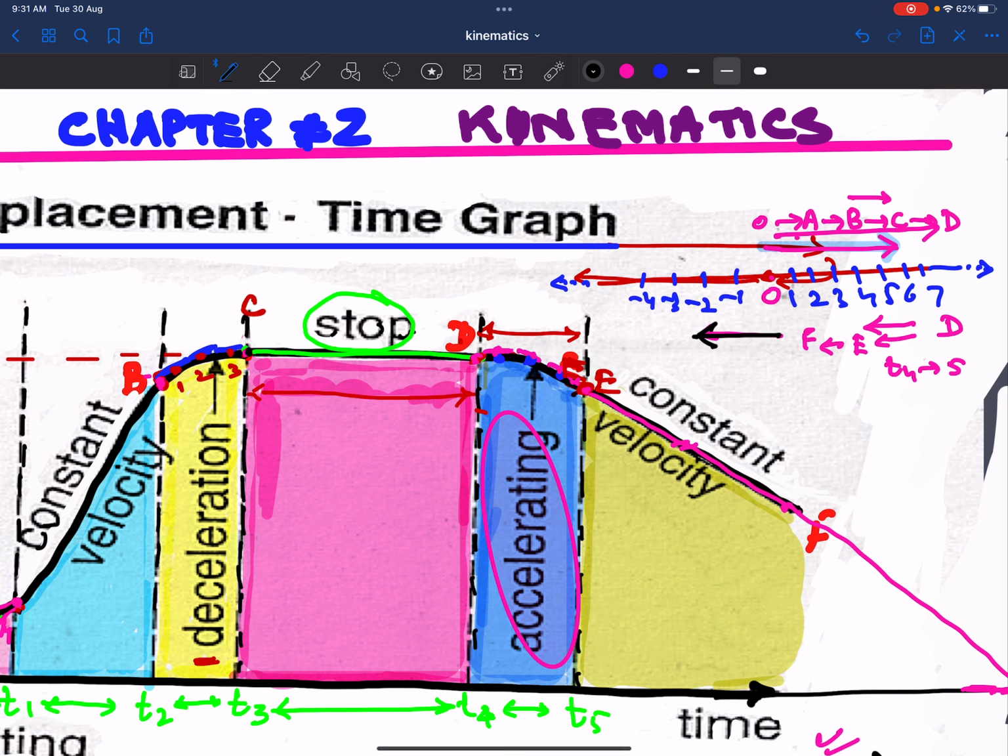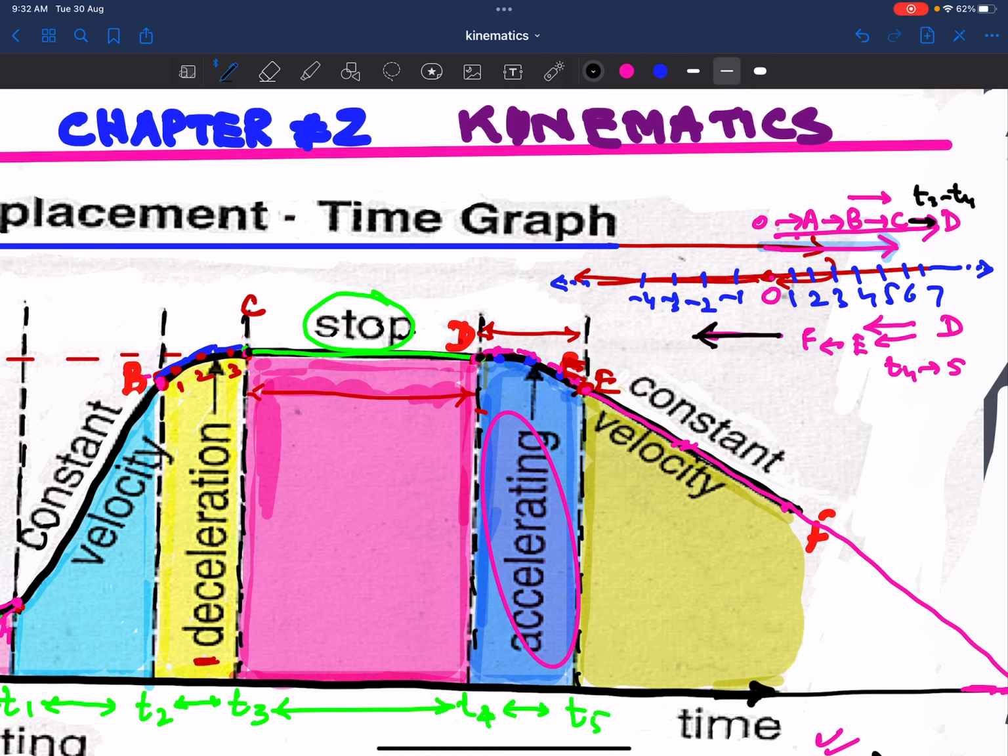And this is the region we have from C to D. Over here, as I have mentioned, from C to D, as the body is not moving, the displacement is not increasing, but we are just mentioning C to D to show 2 points or the time interval from T3 to T4. So this is very important.